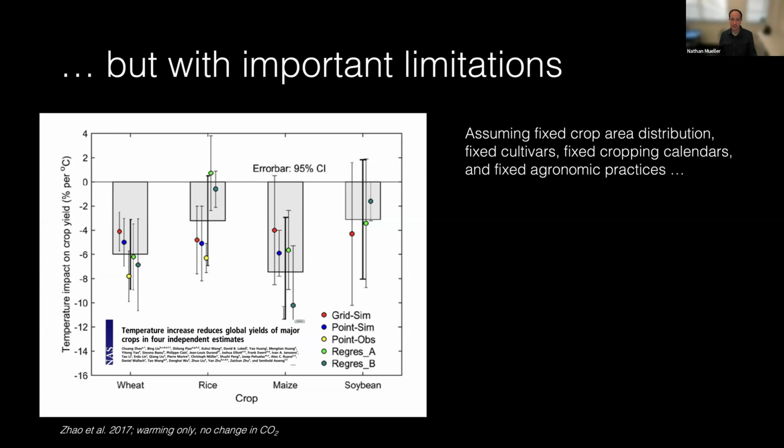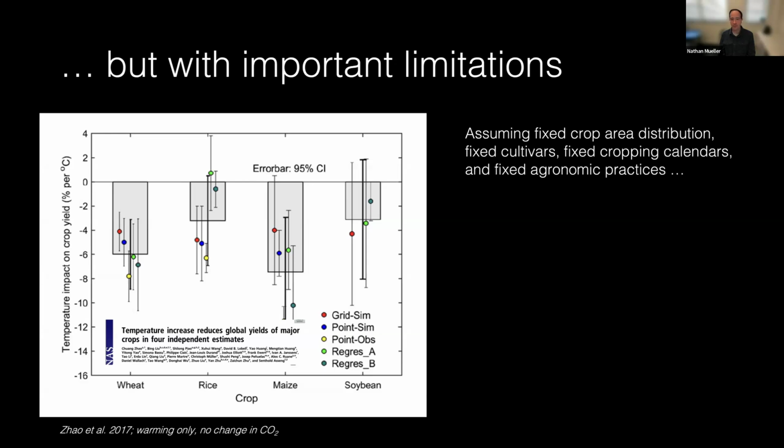Now, this is not too heavy of a critique. Obviously, the place where we need to start with this literature is to hold everything else constant and then look at the impacts of climate change.